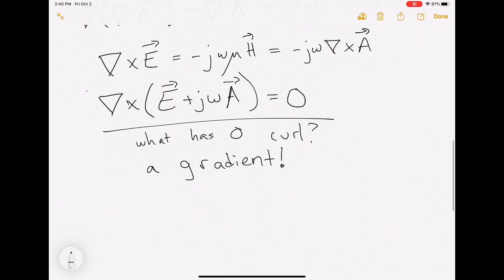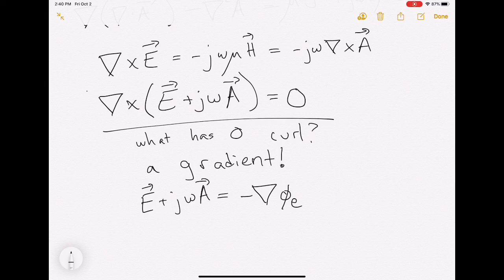So here's where we start defining more things about A. We can say that E plus j omega A must be equal to the gradient of something. And we're going to name it minus the gradient of a scalar electric potential.